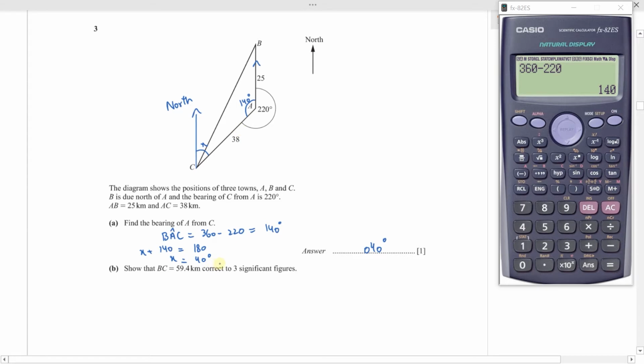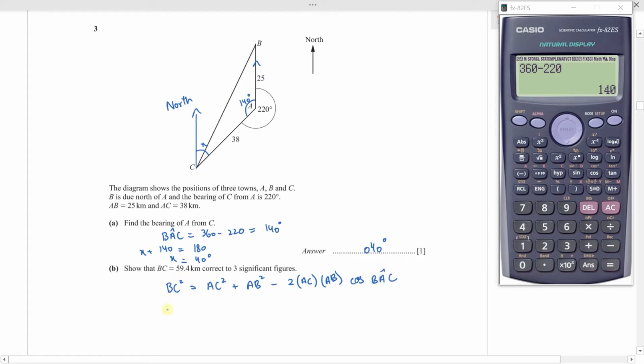So I can use the cosine rule: BC squared equals AC squared plus AB squared minus 2 times AC times AB times cos of the angle between them, which is angle BAC.